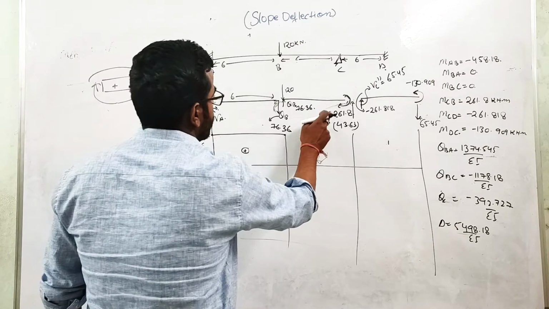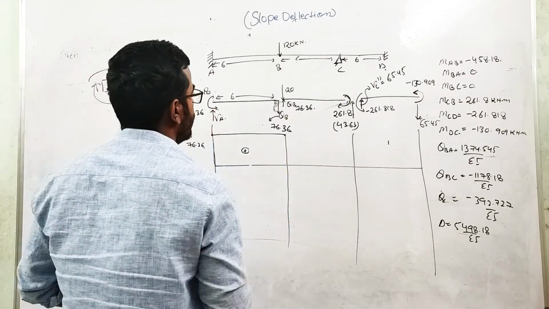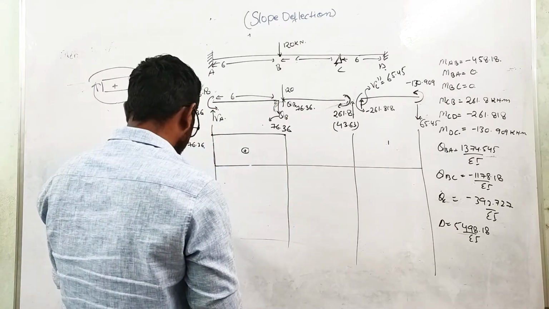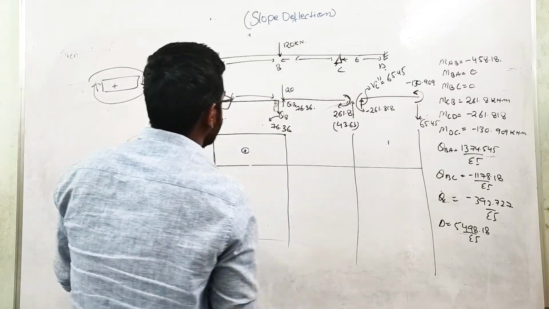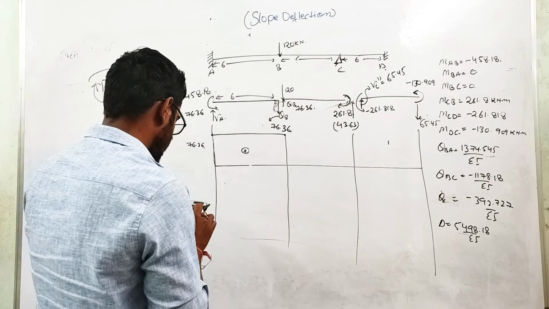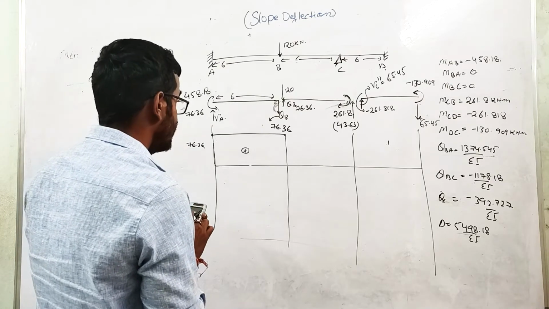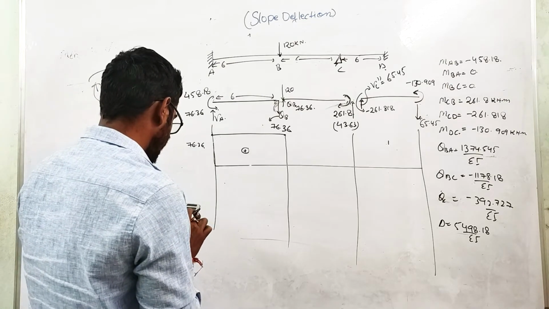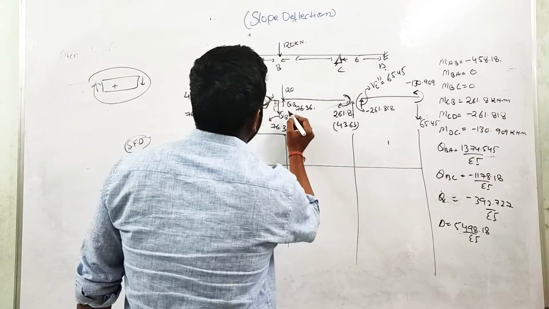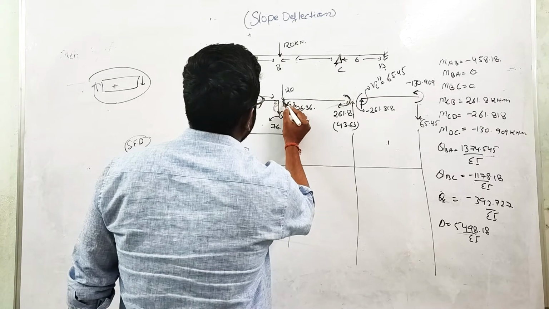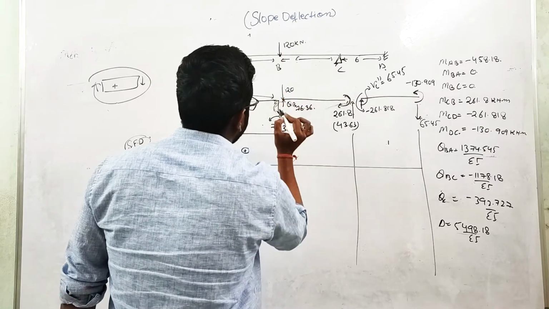Now for this portion, the value will be 120 minus 76.36. So this net value will come downward.